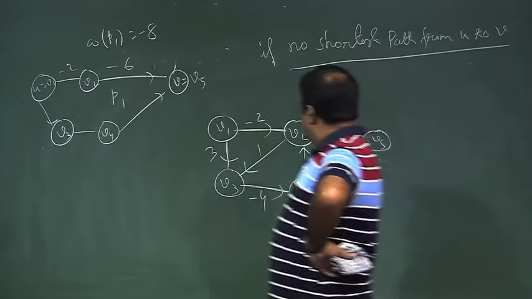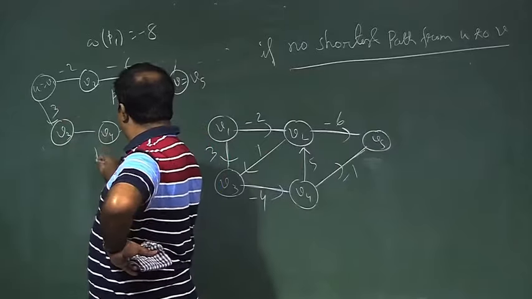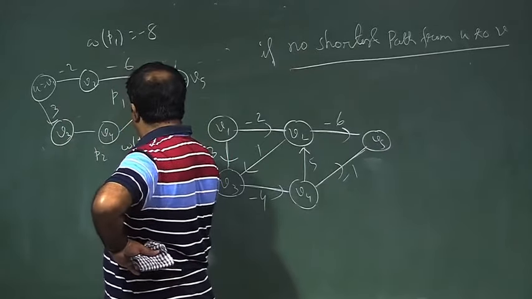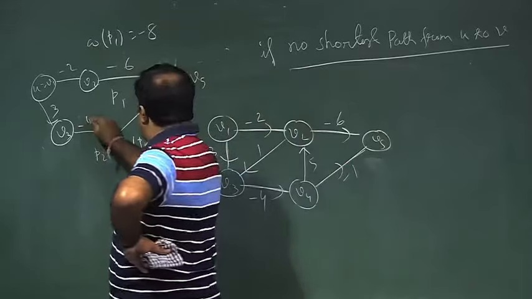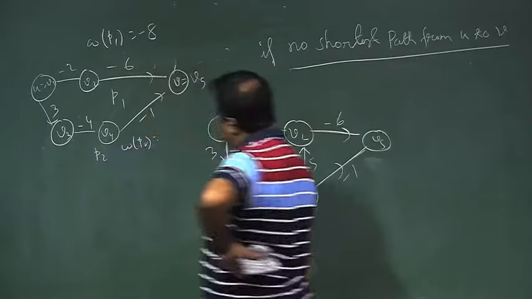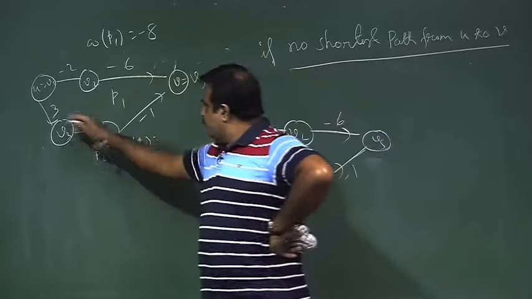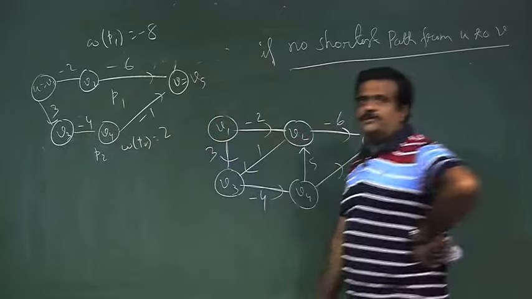So, what is the weight of this? So, this is 3. So, this is P2. So, weight of P2 is basically what? So, this is -4, this is -1. So, this is basically -5. So, this is 2. So, weight of this P2 is 2.